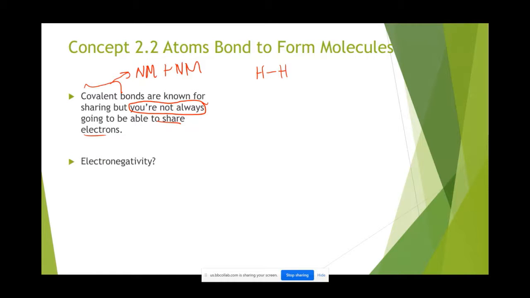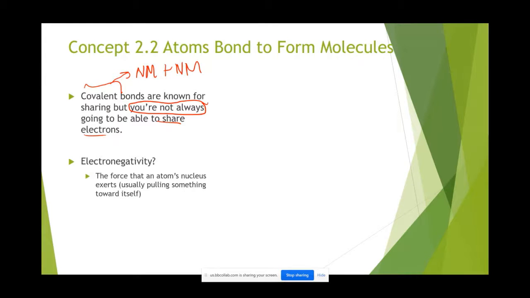Yeah, exactly, right? So what does electronegativity mean then? I think that means that one atom is attracting the electrons more to their nucleus compared to the other atom that they're with. Yes, ma'am, that is correct, right?